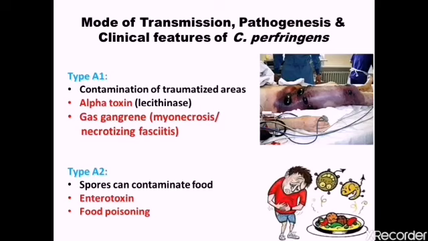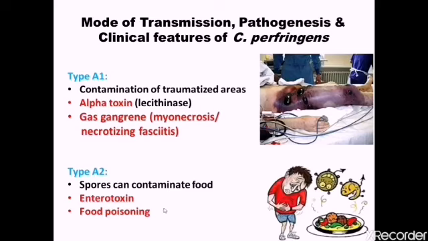There can be hemolysis and jaundice, blood-tinged exudates, and foul-smelling discharge is a very important finding which indicates presence of obligate anaerobic infection. Shock and death can ensue, so the mortality rate is high.